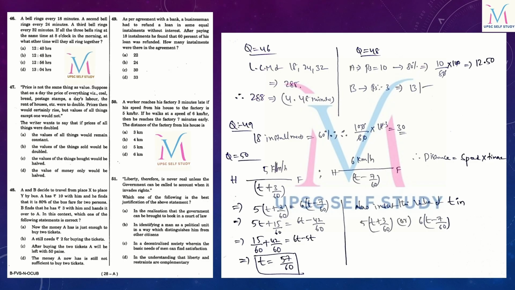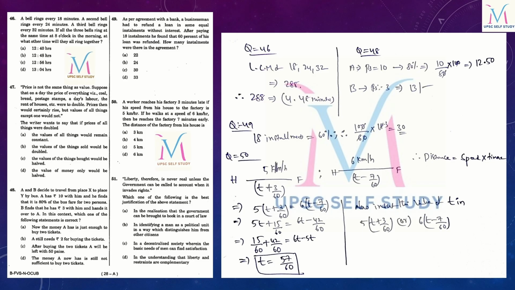So first we have to find the LCM of the three ringing intervals. If we do the LCM for 18, 24 and 32, we get the solution 288.